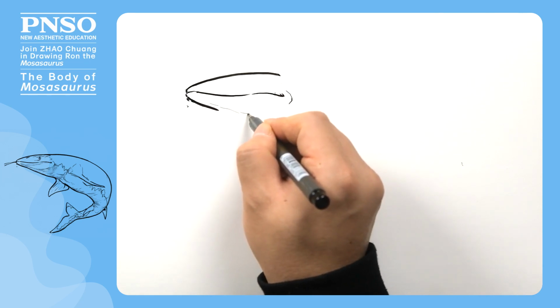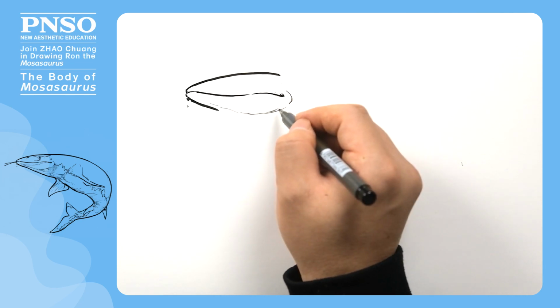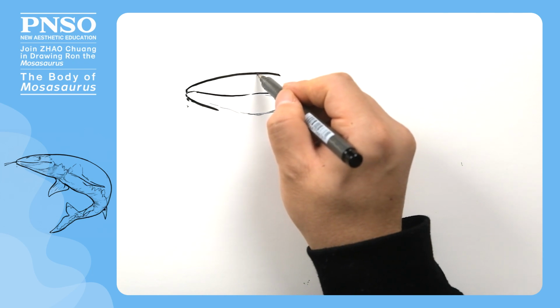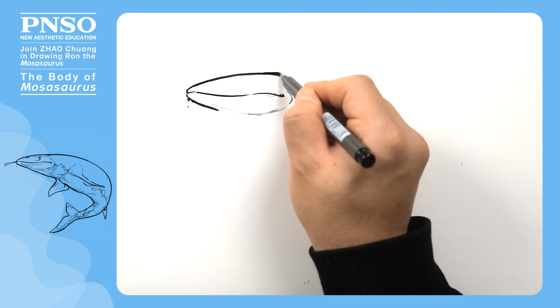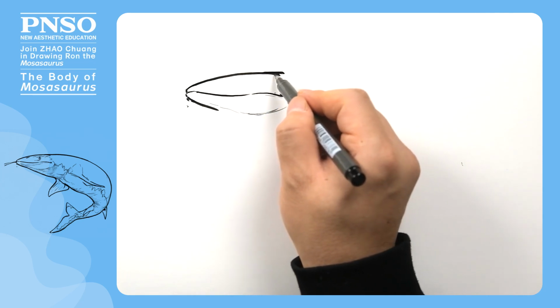It had a triangular lower jaw. Along the top of its skull, we extend the line backward to draw the upper contours of its body.